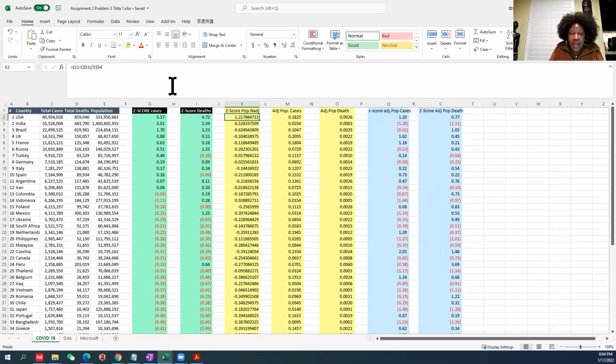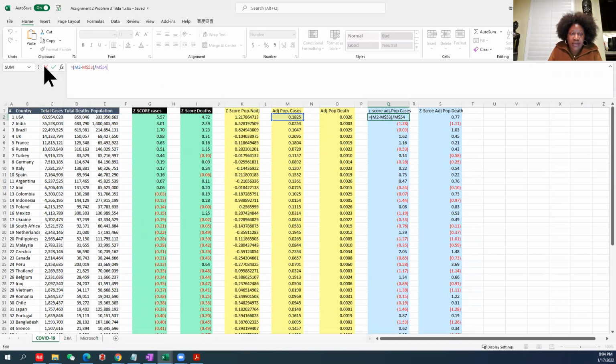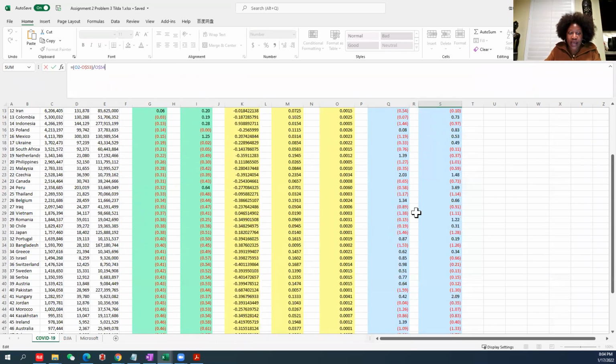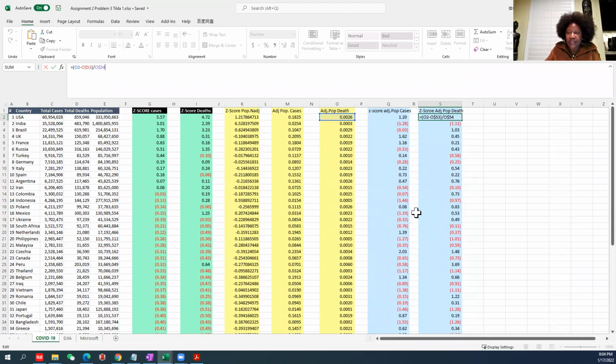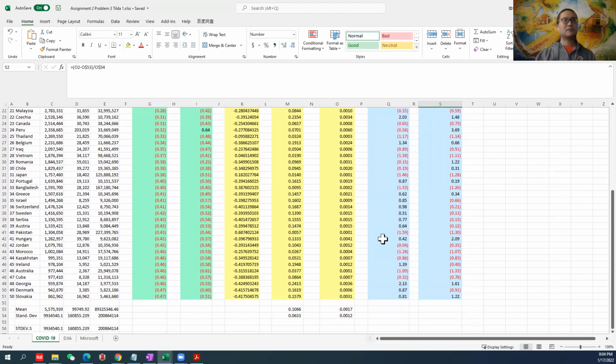Then I used the formula: for the z-score, for the cases, I use this value minus the mean of this column, and then divided it by the standard deviation. So everything in the same column is what I use to find the z-score. So I got this. Yes, so far all these columns look correct.